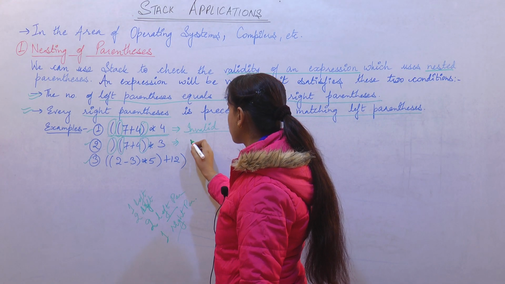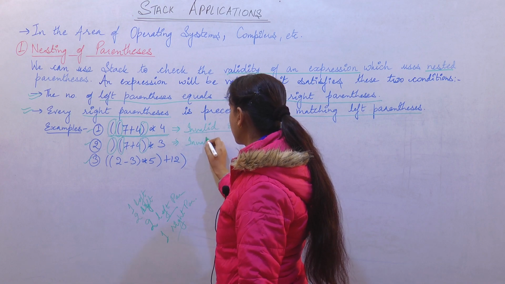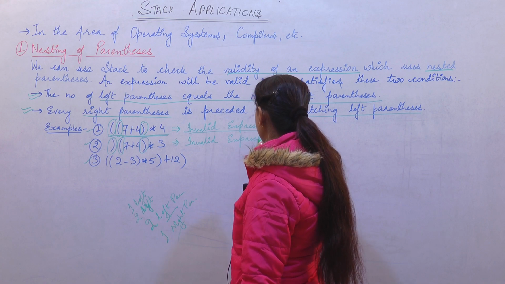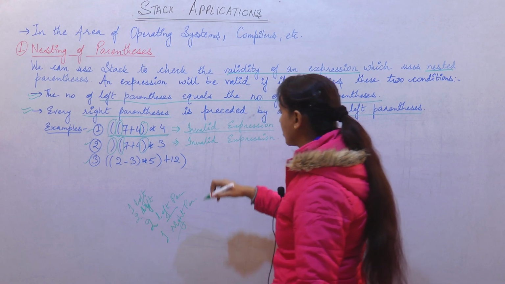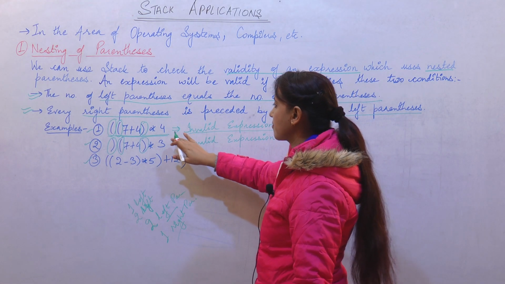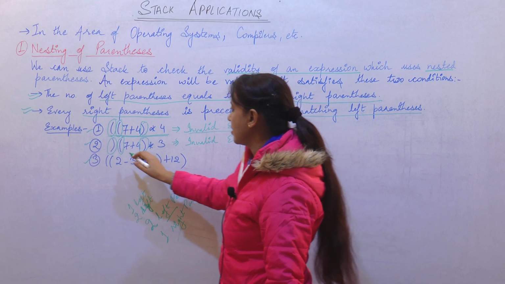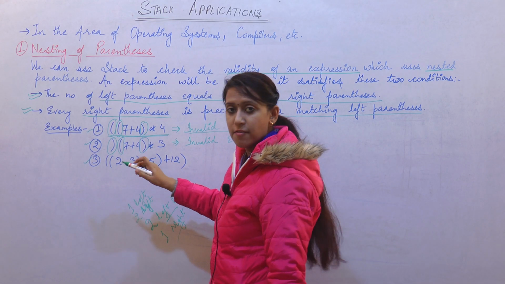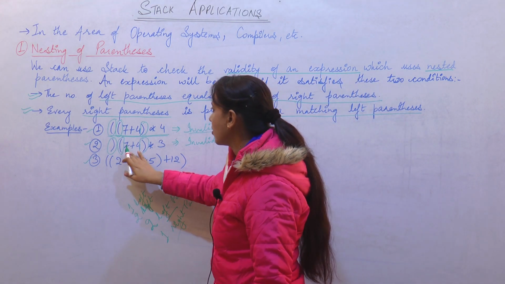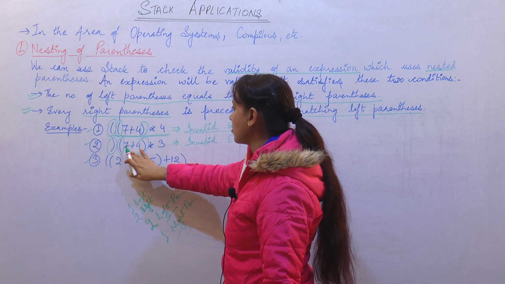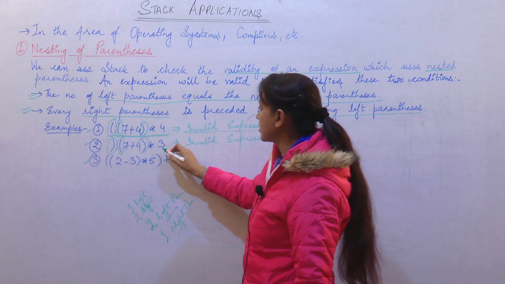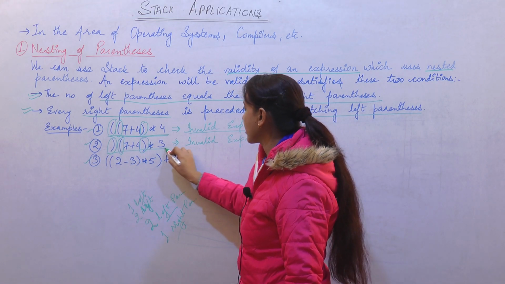Hence this expression is also an invalid expression, because the number of left parentheses is not equal to the number of right parentheses, and also the right parenthesis is not preceded by a matching left parenthesis.